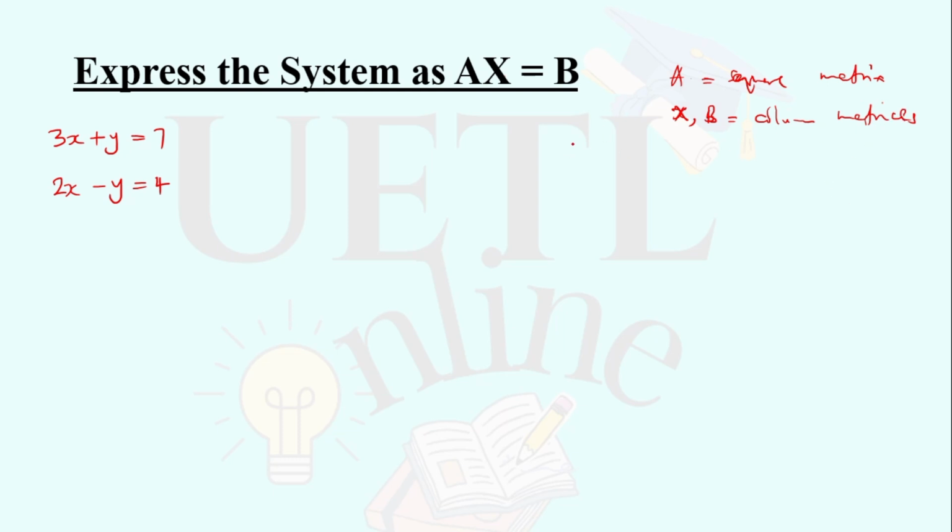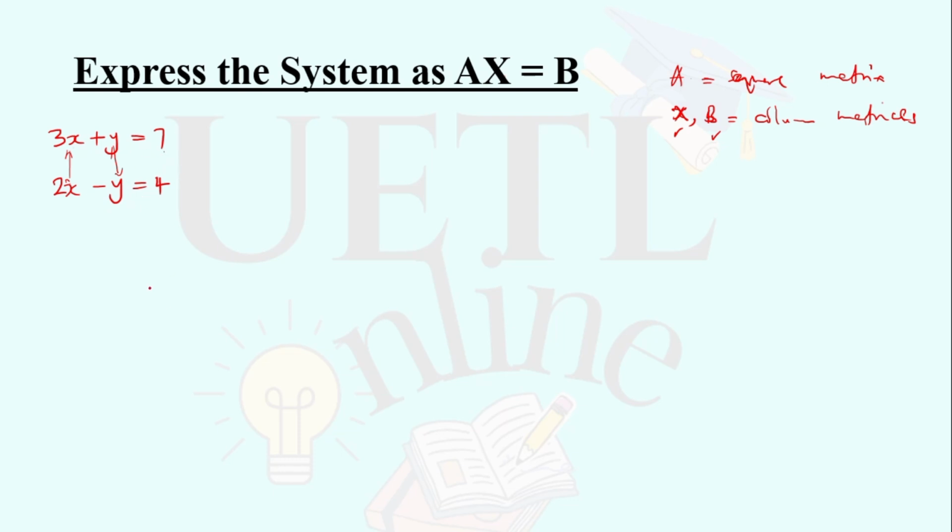In this case, X will be a column matrix of variables, and B will be a column matrix of solutions. To express this, make sure that the x terms and the y terms are in the same columns, lined up in the same rows. After the equal sign, we have only numbers without any variable. This is the first step.